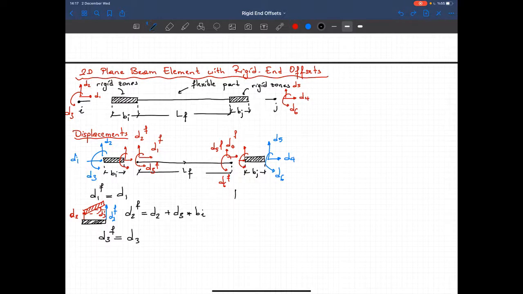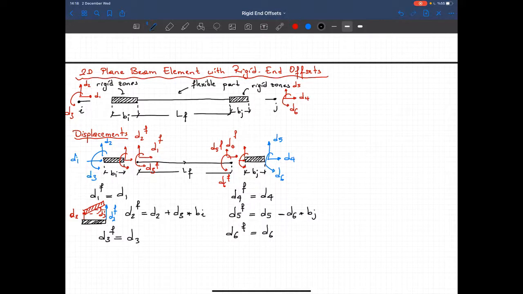So I got d4f equal to d4, d5f is equal to d5, this time we have minus here, d6 times bj, and the rotations should be equal to each other.